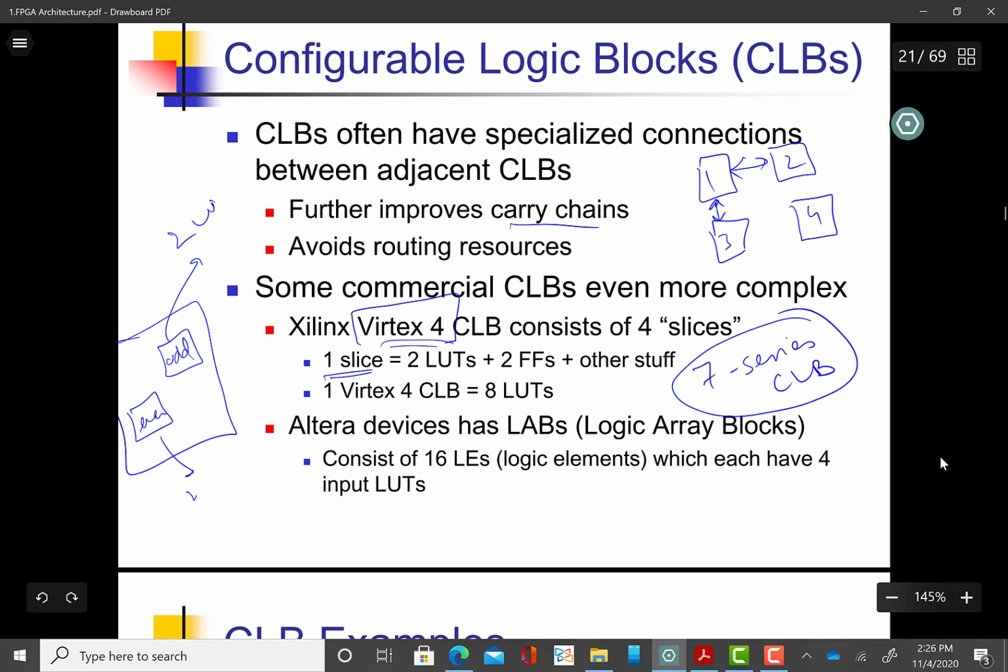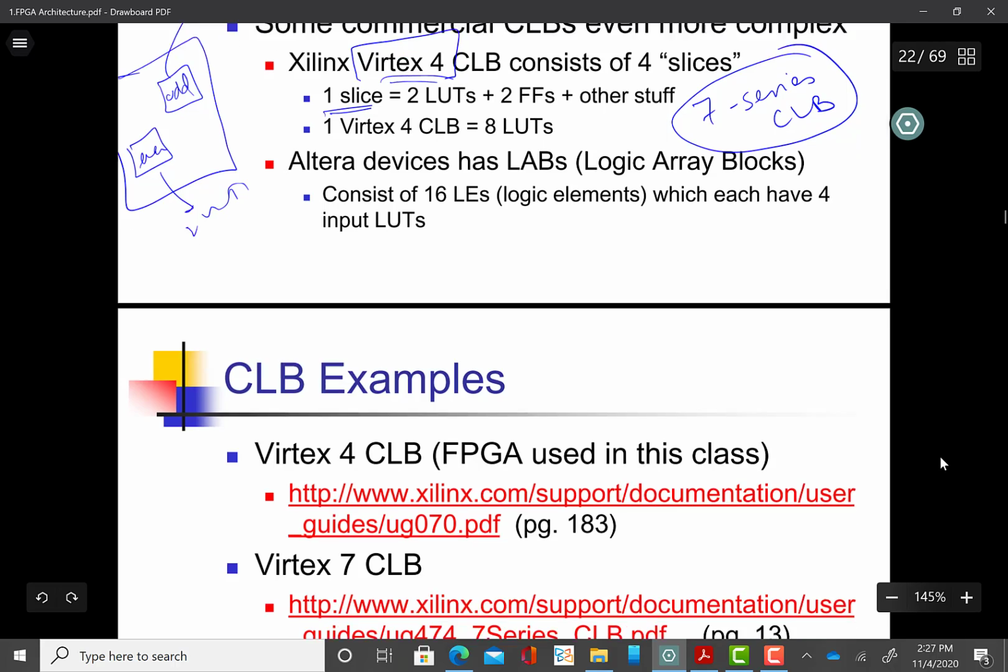But this was Virtex 4. Now in 7 series FPGAs, for example Artix 7 or Kintex 7, this has increased from 2 to 4 LUTs per slice. So it differs from company to company and from FPGA family to FPGA family.